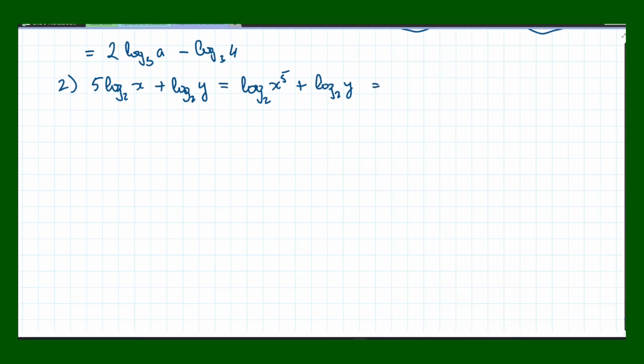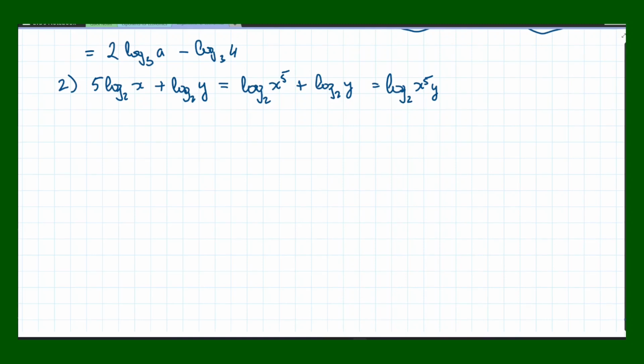So this can be replaced by a single log sign and x to the 5 times y as the argument of the log. Sometimes you might want to break out a log with a complicated argument into simple logs, or you might want to make a log with a complicated argument as sums and differences of logs with individual arguments. It will always depend on what you're trying to achieve with your calculations.